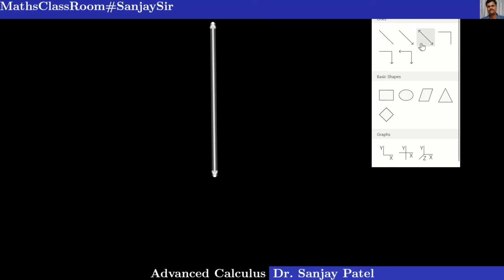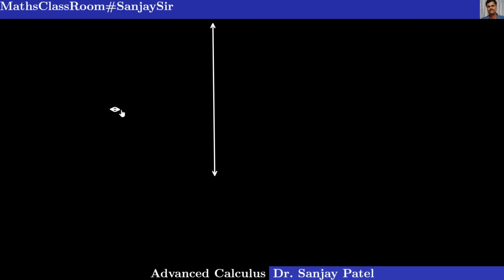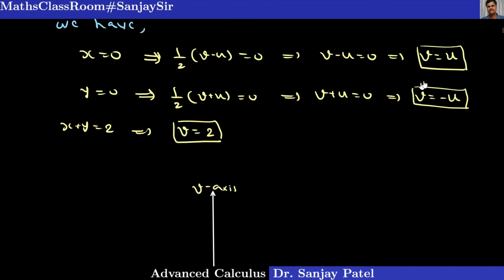Then this is u axis. Let us call this u axis and this v axis. And this is my new origin. Now in this new system, I want to take these three curves. v equal to u.